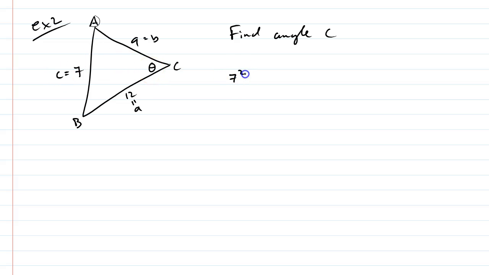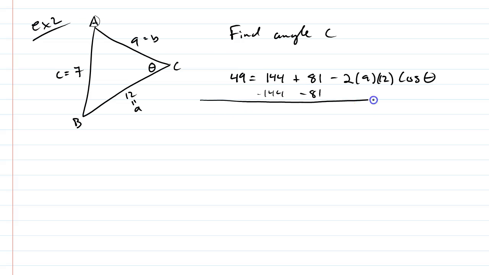Let's plug it in. 7 squared equals a squared, which is 144, plus b squared, which is 9 squared, which is 81, minus 2ab cosine theta. Okay. Now this is where a lot of issues happen, again, because of order of operations. So I'm actually going to rewrite this 7 squared as 49. Now we're going to subtract 144 and 81 from both sides.